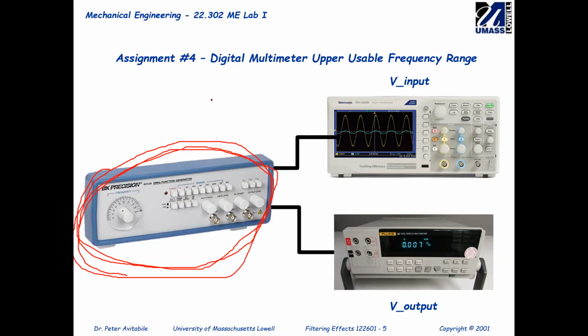If you take a look to the slide, the title of this slide is Digital Multimeter Upper Usable Frequency Range. Usable frequency range, we can substitute that by cutoff frequency, okay? That usable frequency range is defined by the 3 dB down point, which is the one that we're gonna calculate.